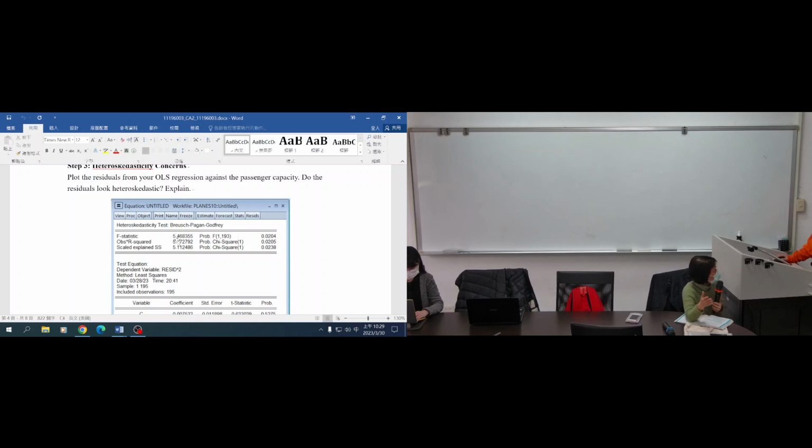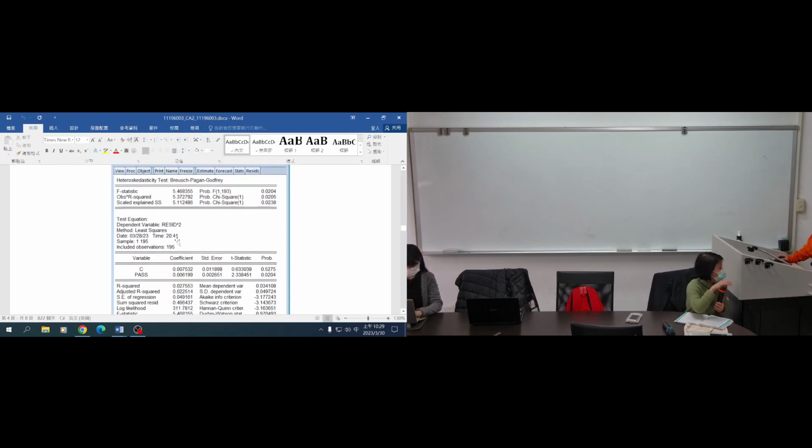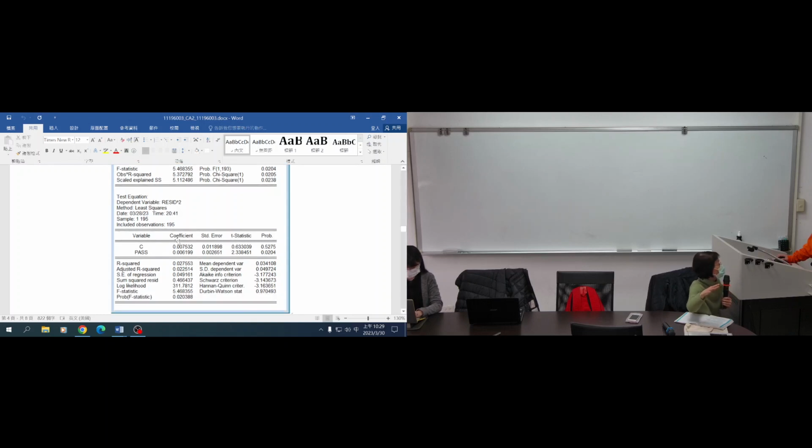Similar to that one, you will see that according to the plot there are some patterns, which means heteroscedasticity problems. So this is your BP test using only the variable pass, right? Okay, that's fine.